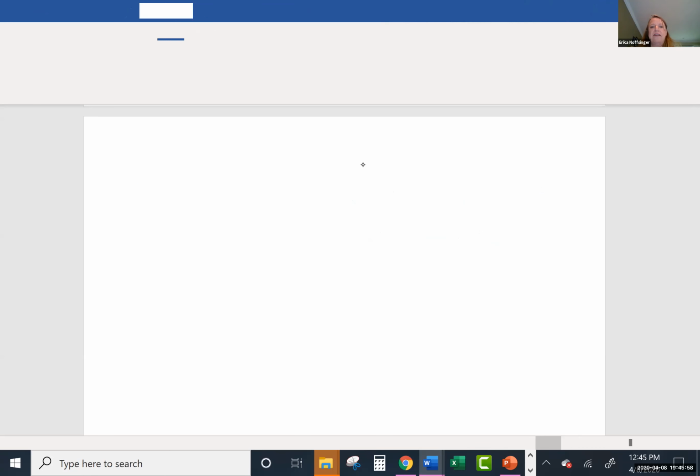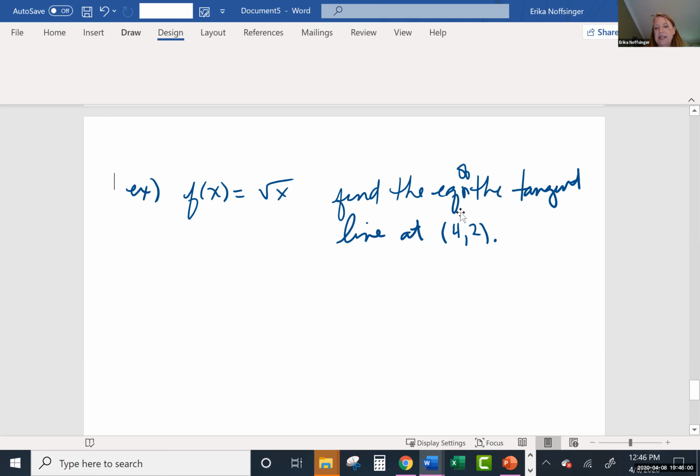So actually we have the point, and you could see that that's the point. If you plug in 4 for x, you get back 2 for y. So that's already given us some of the work. We need to figure out what the derivative is.